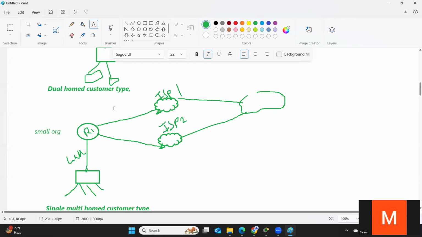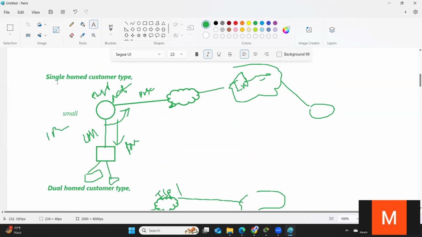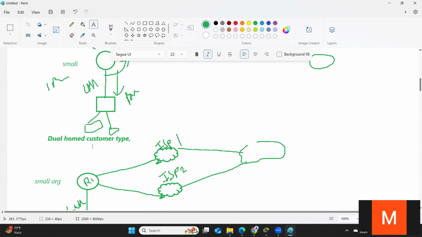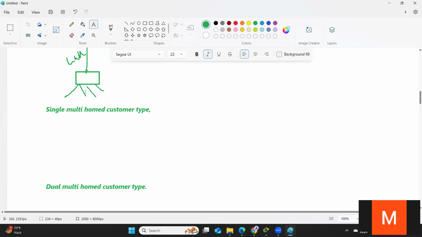In this customer type also, the BGP protocol is not required. So single-homed customer type, dual-homed customer type. Now here it's a single multi-homed customer type. What is that? Single multi-homed customer type.